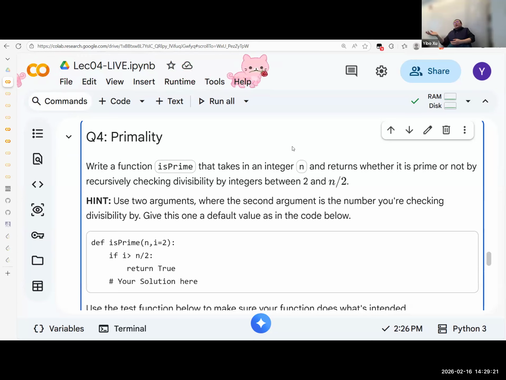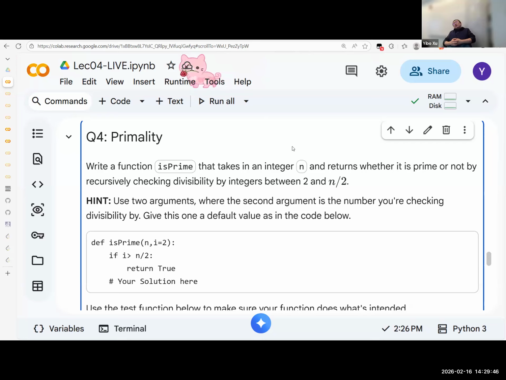Like 7 squared, 11 squared. So you may not really need to go up to n over 2. You can try up to the square root of n. That's also an option. But the idea here is relatively fundamental, and you could play with that.